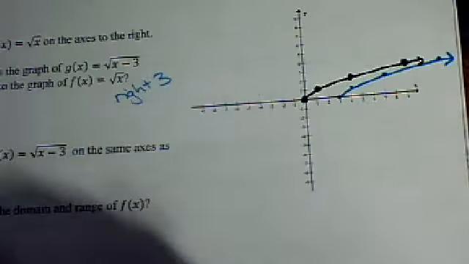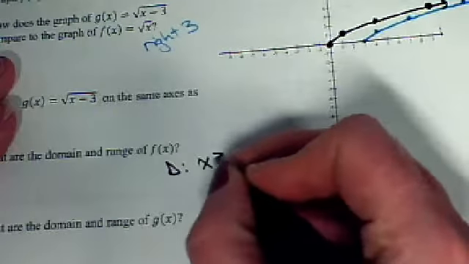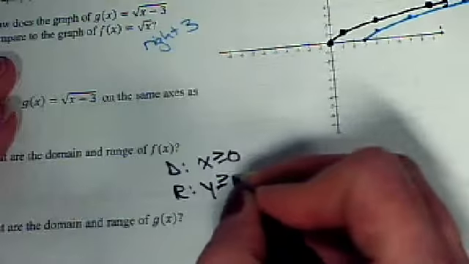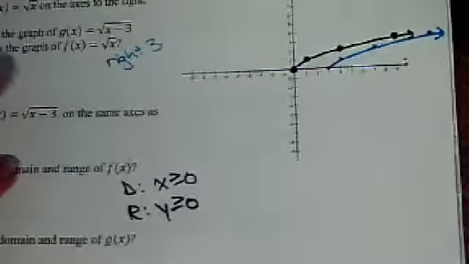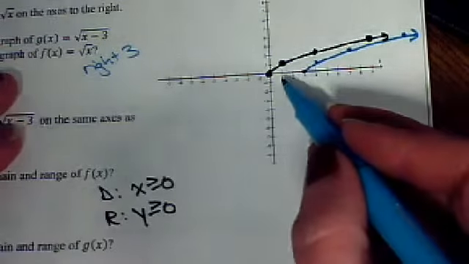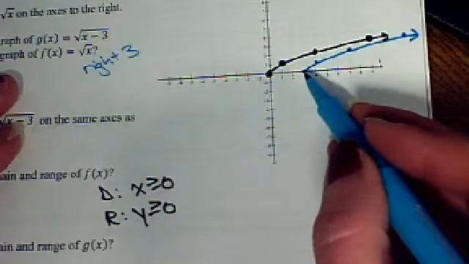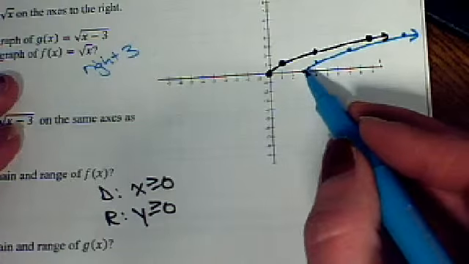So think about what has happened. Let's compare the domain and range of each. The domain and range of the original one: the domain are all the x's greater than or equal to 0. The range was all the y's greater than or equal to 0. When I look at this transformation, when I translate, now my x values start here.